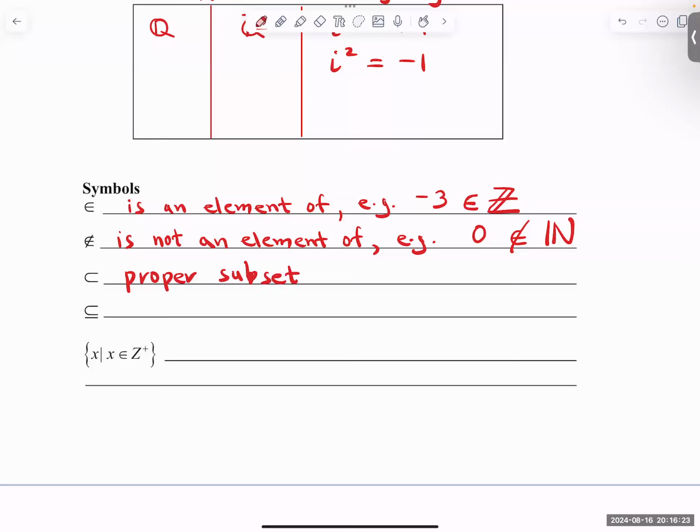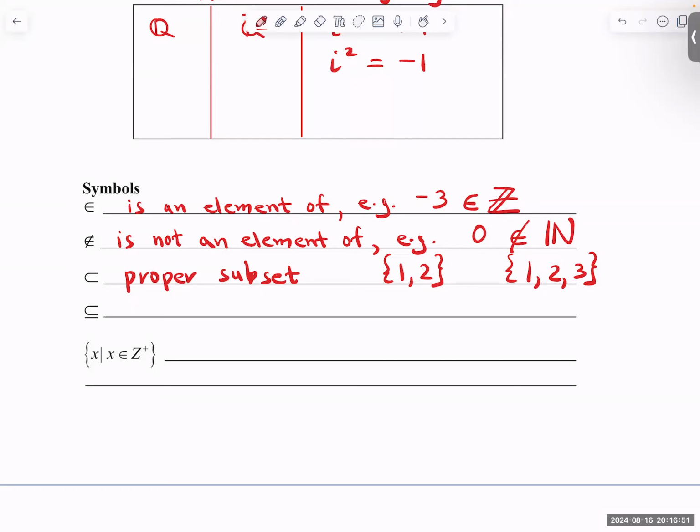So we have two sets. Say the first set is {1, 2}, and the second set contains 1, 2, and 3. Every element of the first set on the left, 1 and 2, is contained in the other set on the right, {1, 2, 3}.